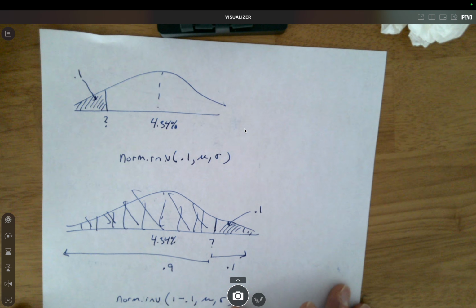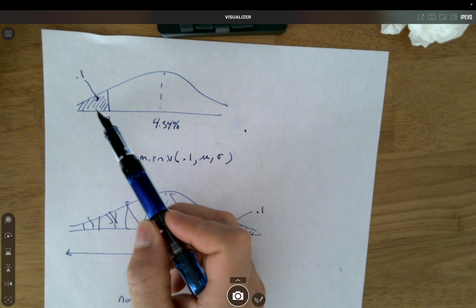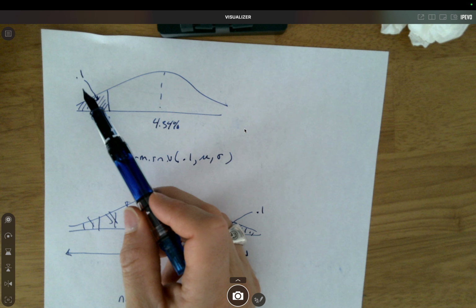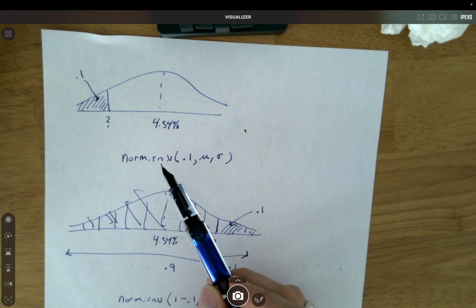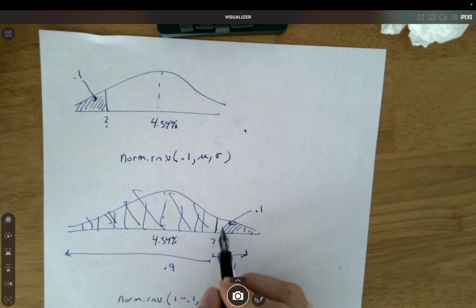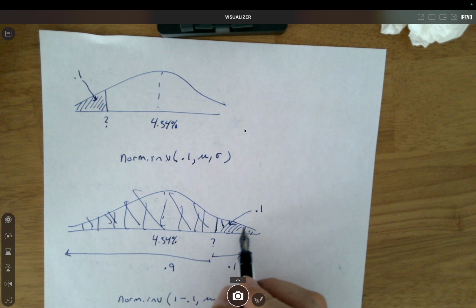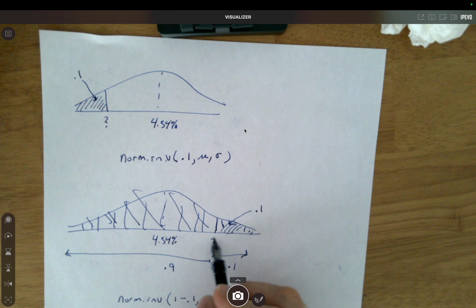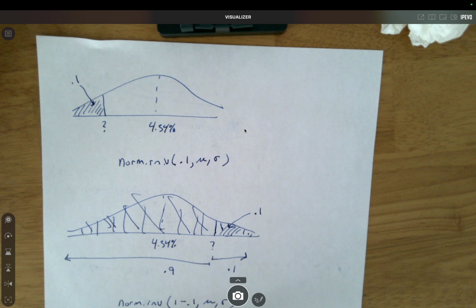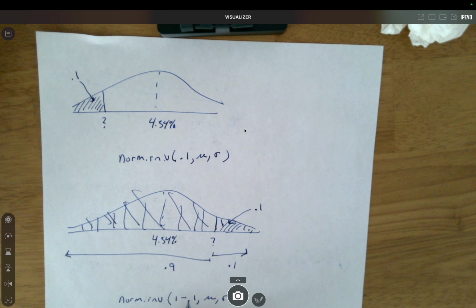If you're doing the norm.inverse type problems, if the shaded region is to the left, it's just norm.inverse. If the shaded region that you're given is on the right, you're trying to find this upper value right here, you do a 1 minus that area right here. So that should help you stay on track, not make silly mistakes when you're solving some of these norm.inverse, norm.dist type problems.